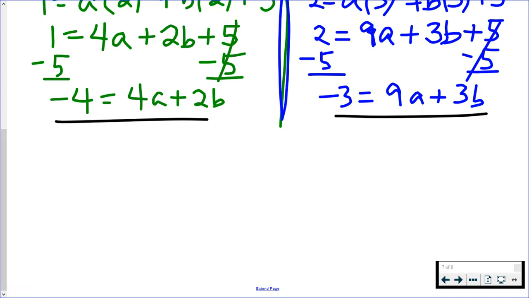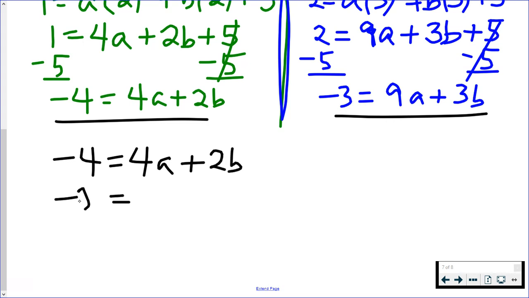So we're going to just rewrite these one on top of the other. All right, so you can either eliminate A or B. It doesn't matter which one.